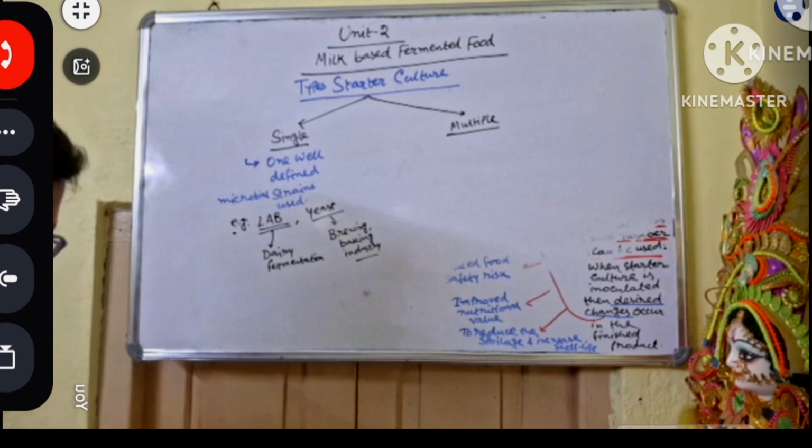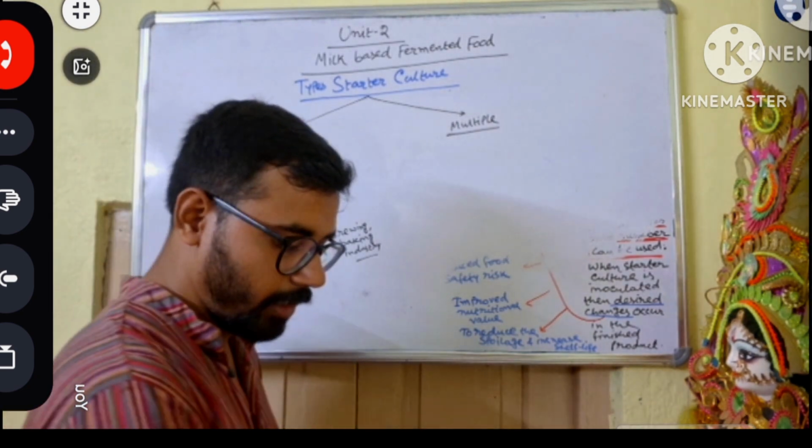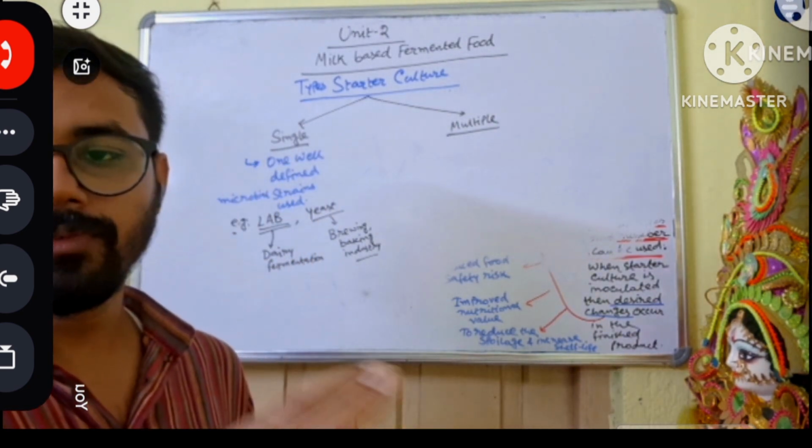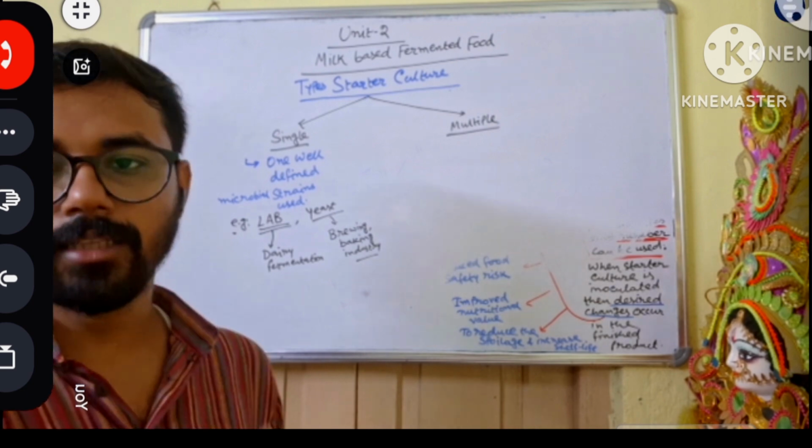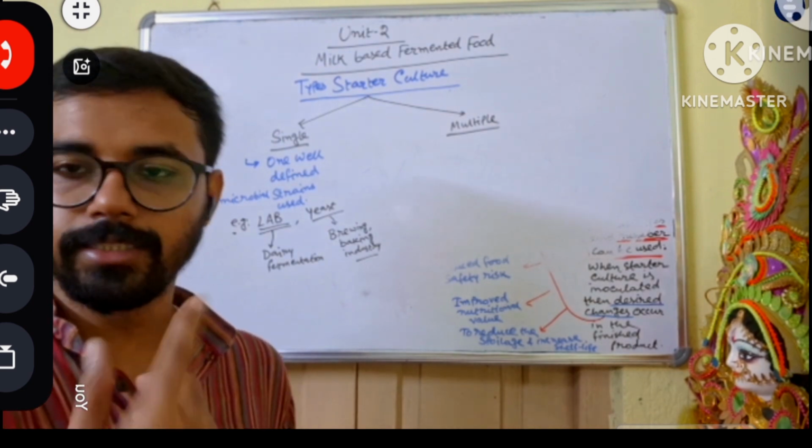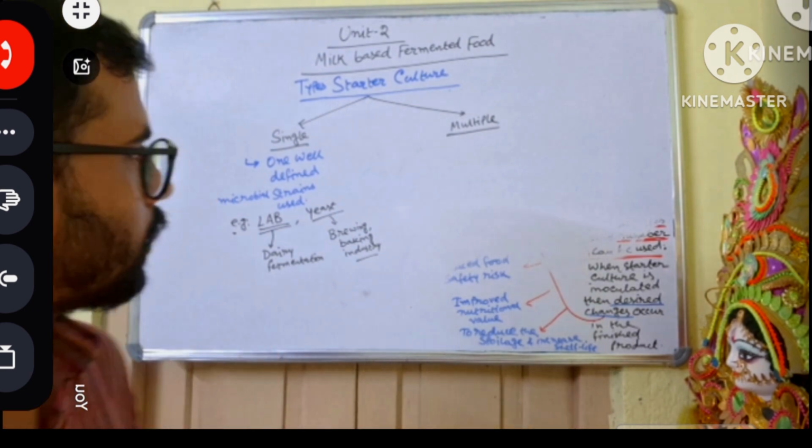So one particular strain or one group of strains is enough to make a well-defined fermented food. That starter culture is called single. Single type is enough.